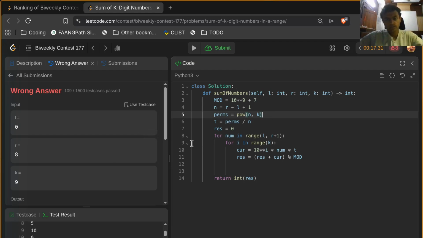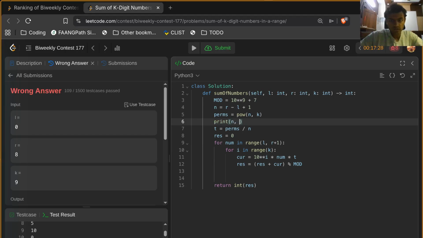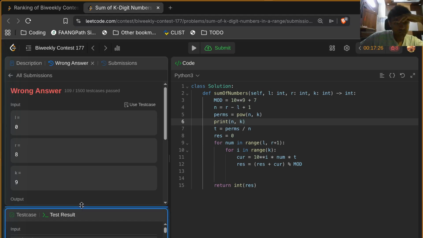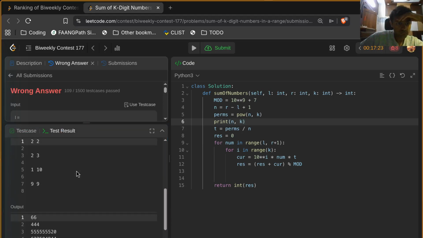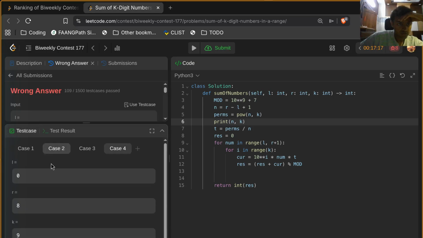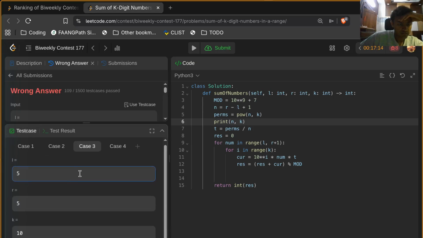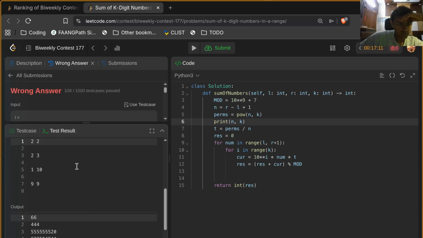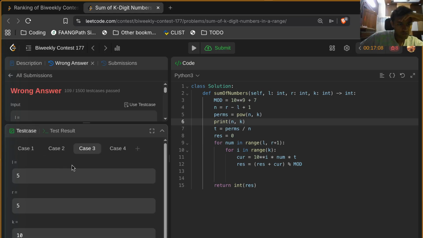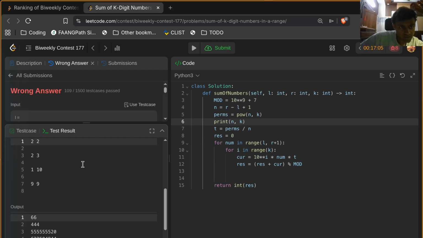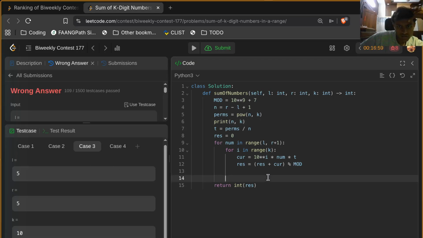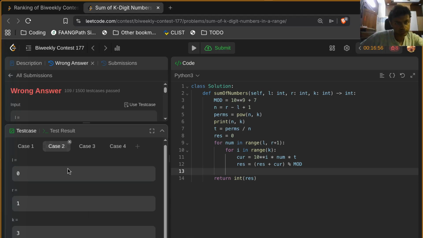Okay, let's. Okay, first. Two comma three. Case 3 is different. Case 2 is 2 comma 3. So 0 and 1 is equal to 2, which is n.